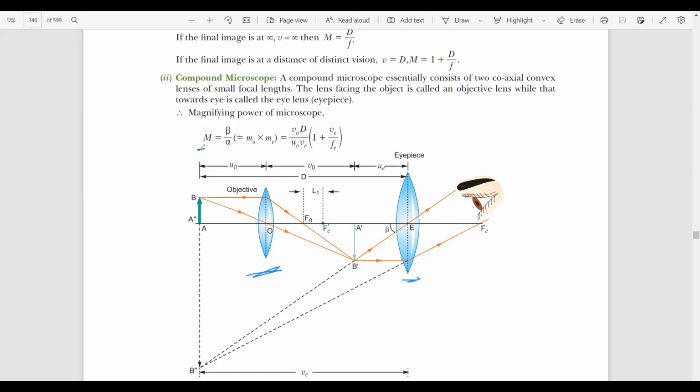So the magnifying power is m equals beta by alpha, that's what we wrote here, Vo by Ve.